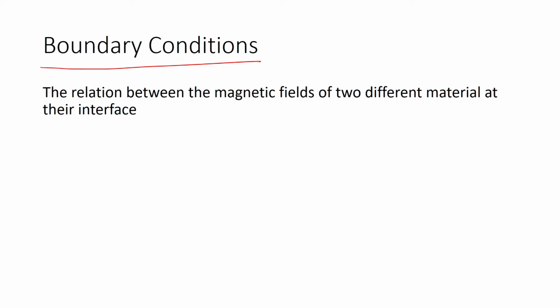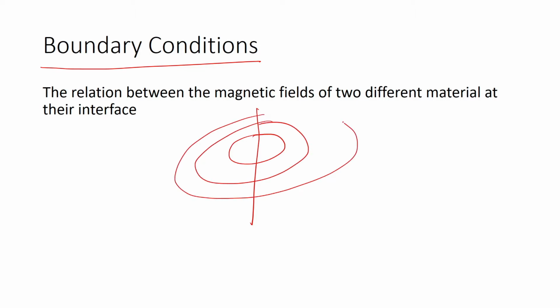The boundary conditions are nothing but the relationship between magnetic fields of different materials which are joined by an interface. Why do you have to discuss this here? Because similar to electrostatics, we may have a wire carrying current, because of which a magnetic field might be produced. But after some distance, the material might have changed.